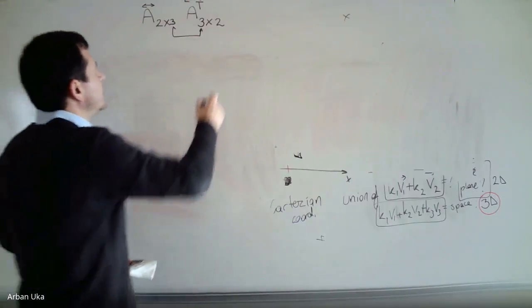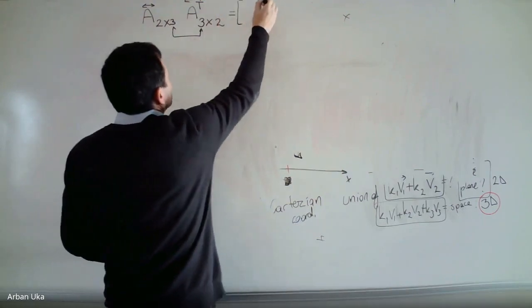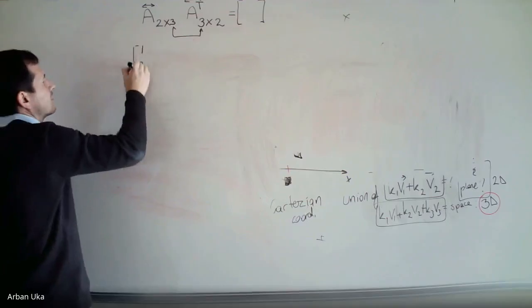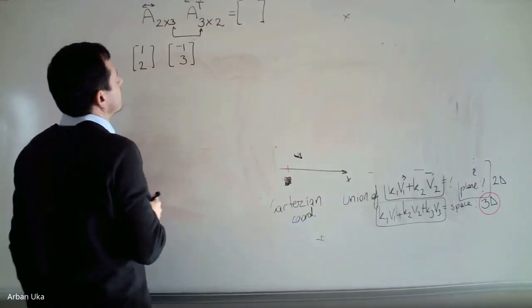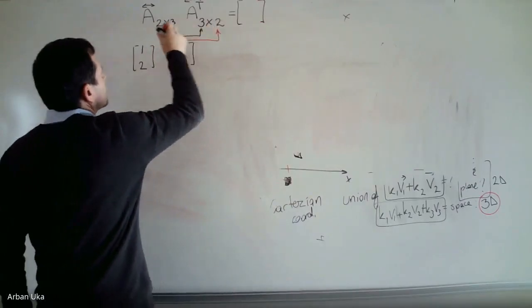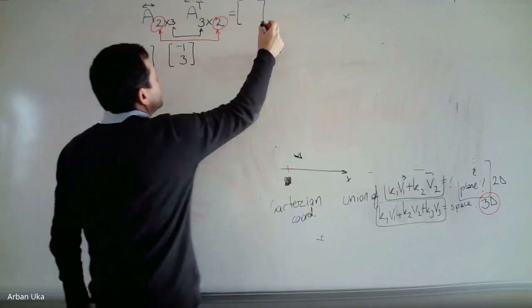So what is the result here then? It's a matrix of what dimensions? It's a matrix of, if I remember correctly, wait. It should be 2 by 2, I believe, or yeah, that's right.